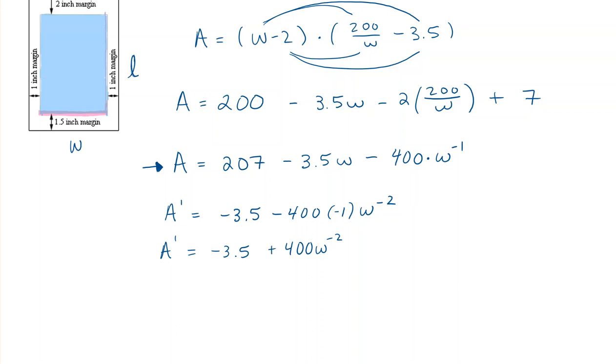This function would have critical points either where A prime of w equals 0 or A prime of w does not exist. The only value that would make A prime of w not exist would be when w equals 0, but based on the problem that doesn't make sense because that would mean the poster had 0 width. So we would just need to set the equation equal to 0 and solve for w.